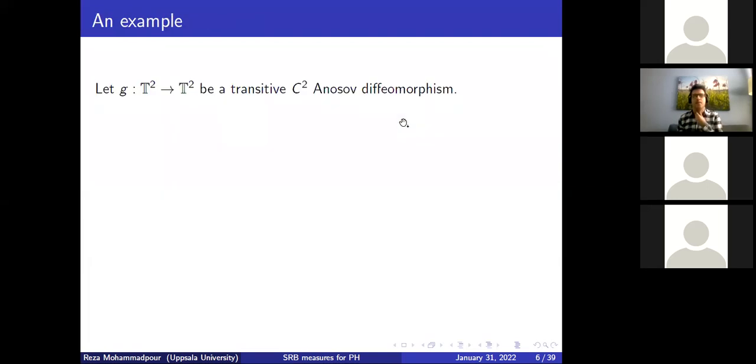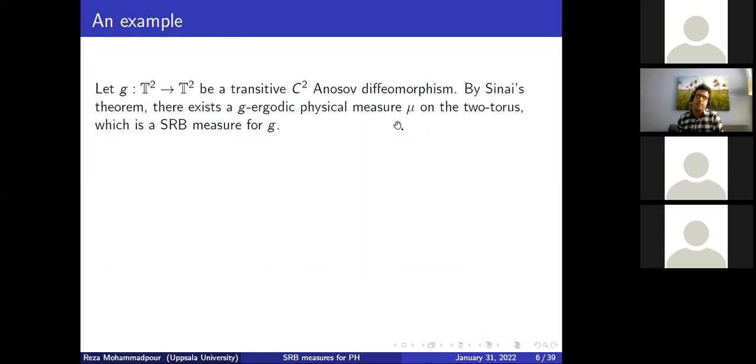Look at this example. Let G be a transitive pseudo-Anosov diffeomorphism. By Sinai's theorem, there exists an SRB measure which is physical. Now consider the product of the map G times the identity.